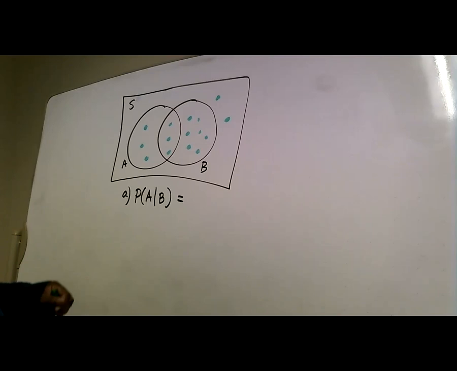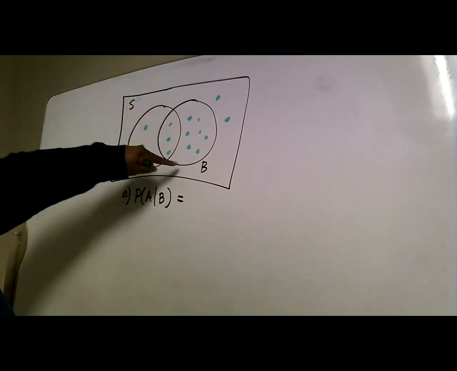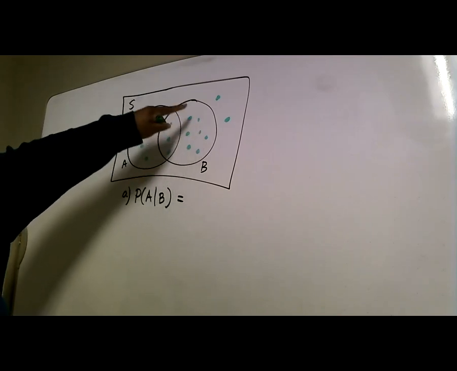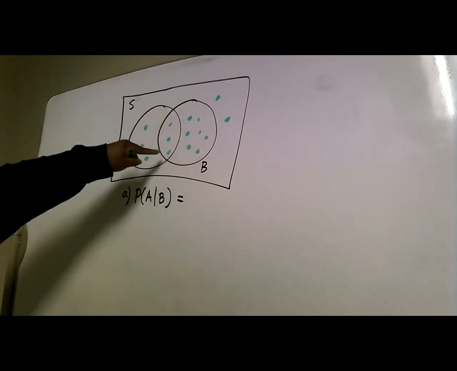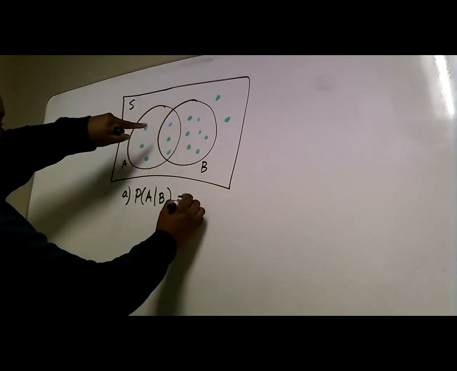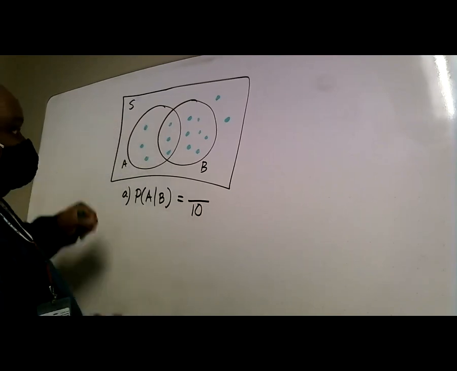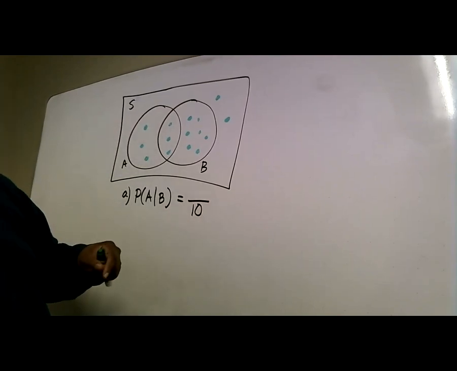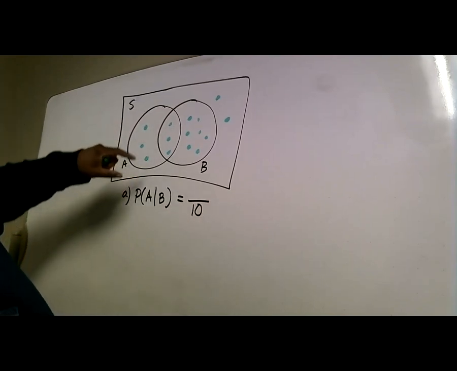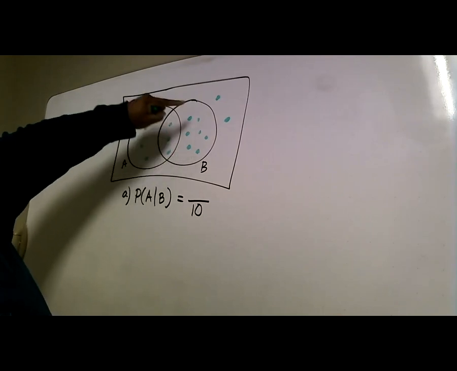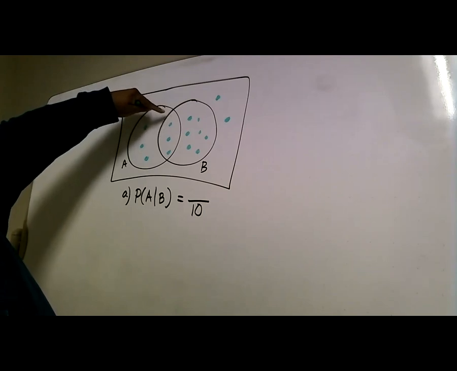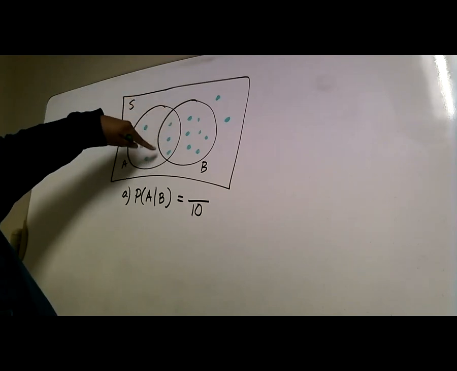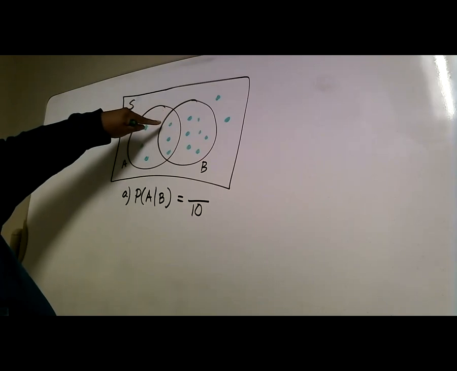Now we're given that this event B has occurred. And in this case, let's look at event B. How many dots do we have here? There's 10. The 10 goes in the denominator. And we want the probability of event A occurring, given that B has already happened. Well, let's look at this intersection of A and B. How many dots are there? 3.